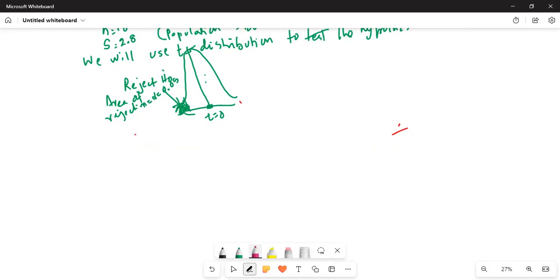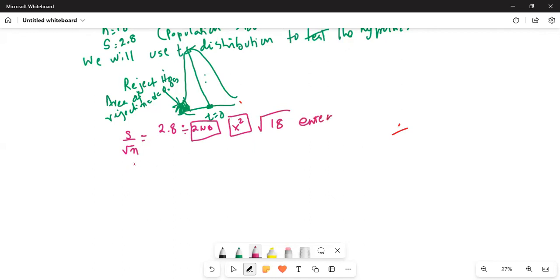So let's calculate s over the square root of n. Remember, s is equal to 2.8, divided by the square root of 18. I'm using my TI-84 calculator: second button, x squared button gives you the square root; type 18 and enter.